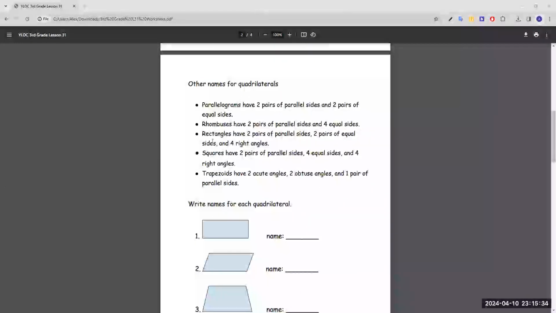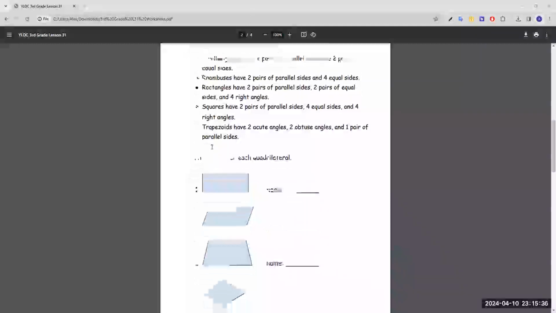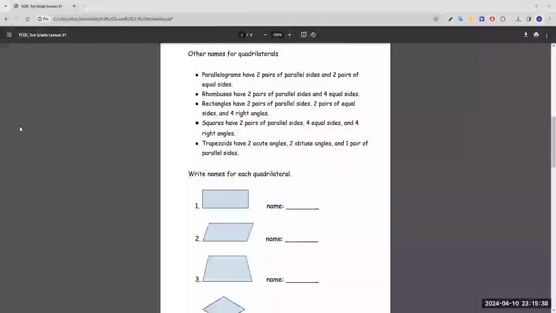Now moving on to other names for quadrilaterals. Write names for each quadrilateral. And here is a description of other quadrilaterals. So number one, we can see here that the description of this figure, there's one, two, three, four sides.